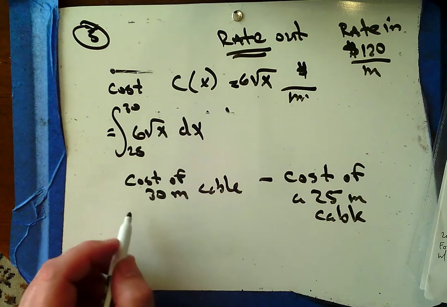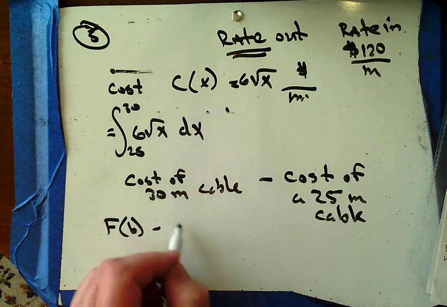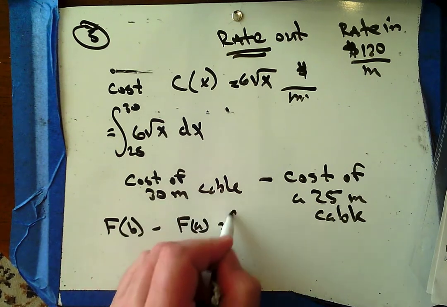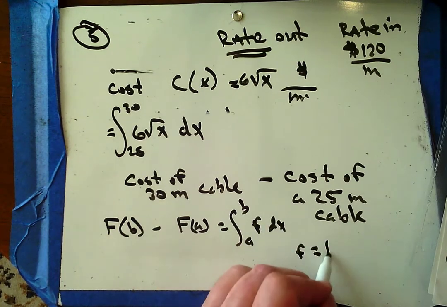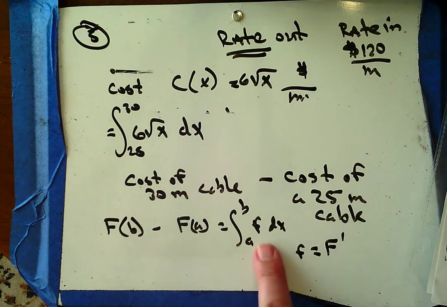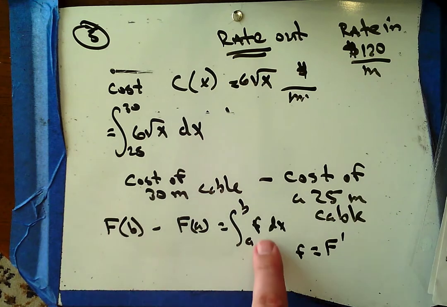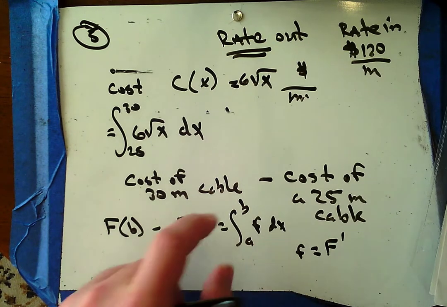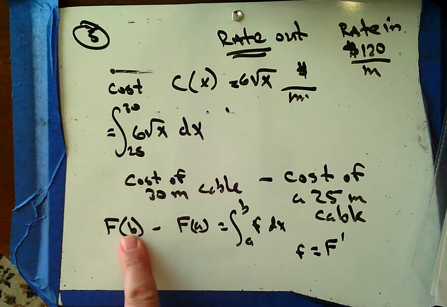You know, if we try something a little more general, big F of B minus big F of A equals the integral from A to B of f dx, where f equals big F prime. So if I integrate that rate, I'm going to get this change in amount. And so for us, this is dollars per meter times meters, and so I'm getting dollars. This is dollars at B, so the cost of a 30-meter cable.